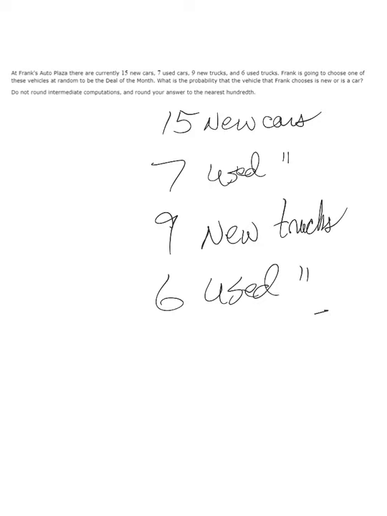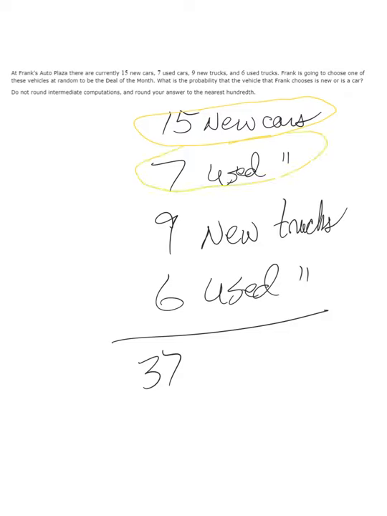All right, so let's find out how many total we have here. 15, I'm counting, 37 total in his inventory. And the ones we're concerned about are cars. So here's a car, here's a car, or new.